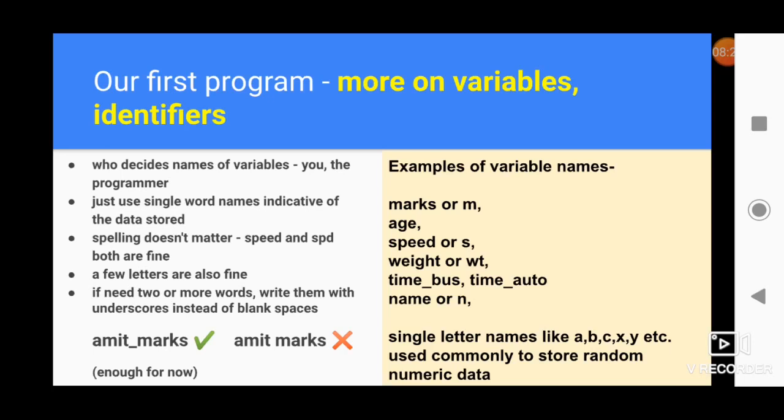Now the spelling does not matter. This makes it convenient for you, because you don't have to write exact English spelling of the word you are using. Just like we used PR only, we didn't write the full spelling of principal. This is completely valid in Python. You can use even a single letter as the identifier of your variable.